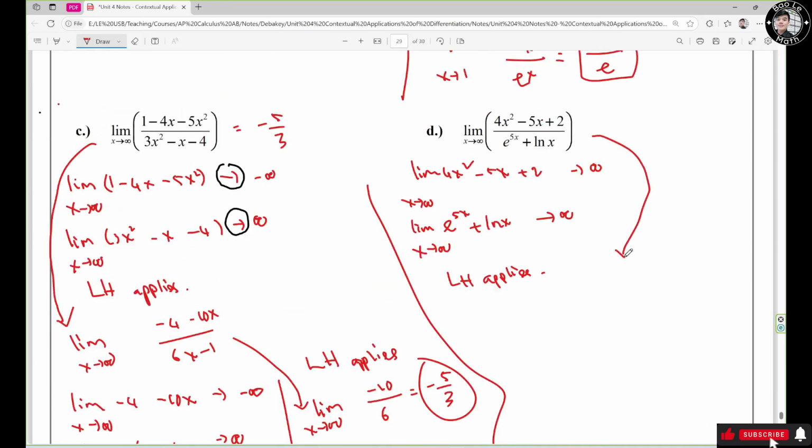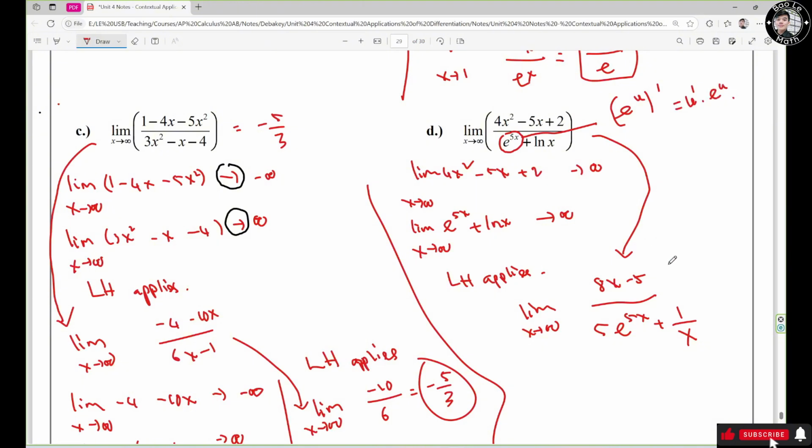So this becomes the limit when s approaches infinity of 8s minus 5, the derivative of this one, and on the bottom, the derivative of e to the 5s is going to be 5 times e to the 5s, plus 1 over s, right? Remember this one right here, we need to use the chain rule, right? The derivative of e to the u is going to be u prime times e to the u, right?